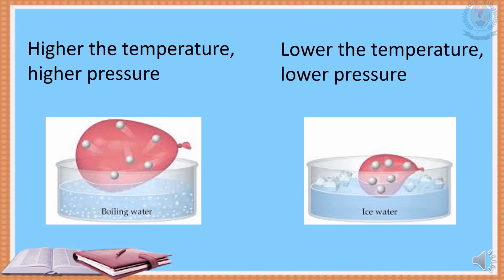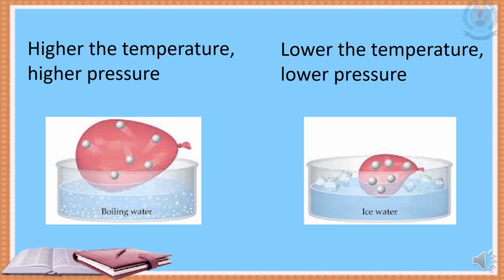Let's see how temperature affects the gaseous particles' movements. For that you need two bowls, one with ice water, the other with boiling water, an inflated balloon and a measuring tape.